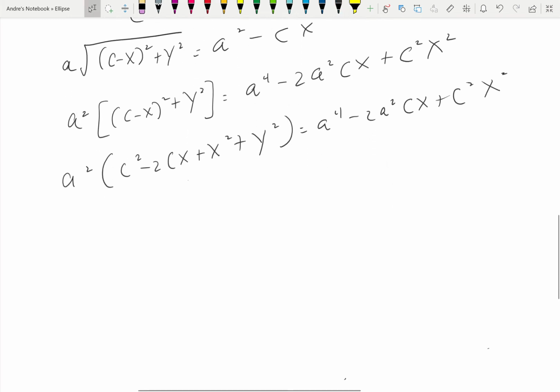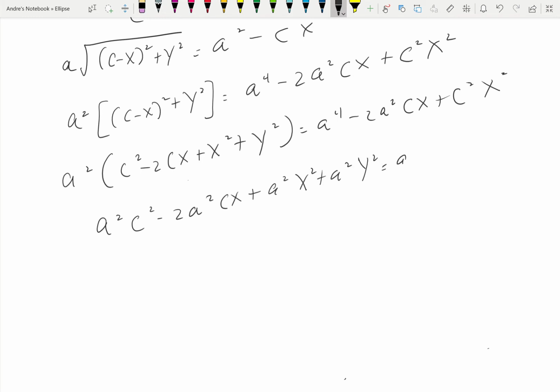We can expand that bracket to get a squared c squared minus 2a squared cx plus a squared x squared plus a squared y squared is equal to a to the 4 minus 2a squared cx plus c squared x squared.